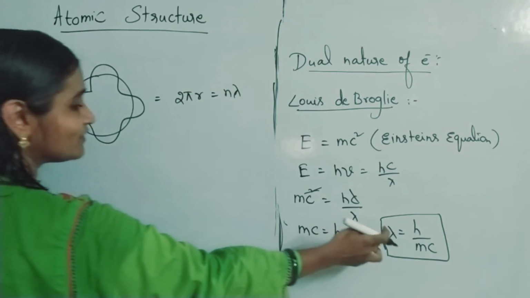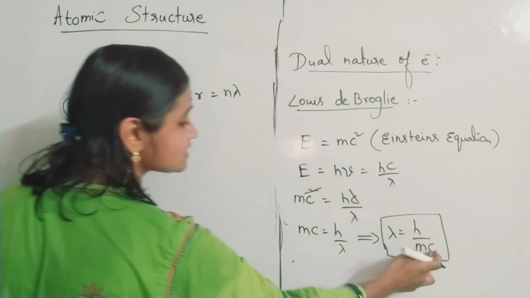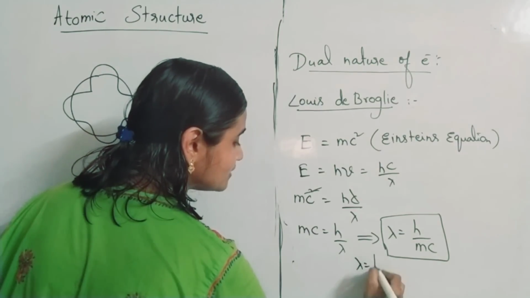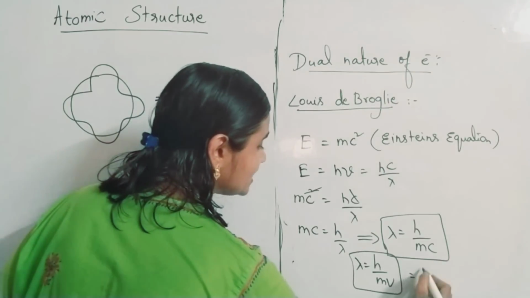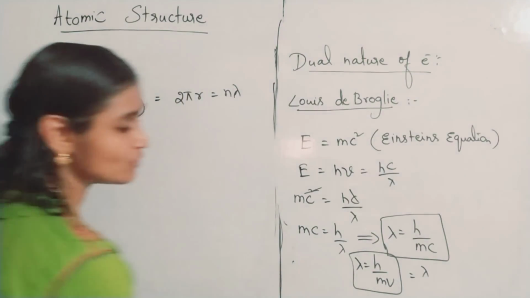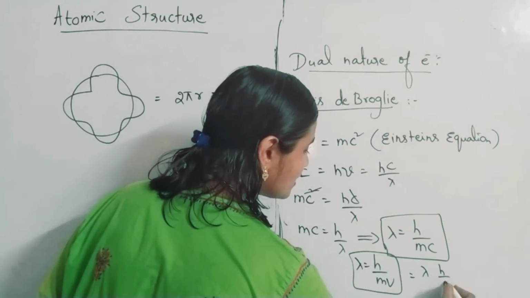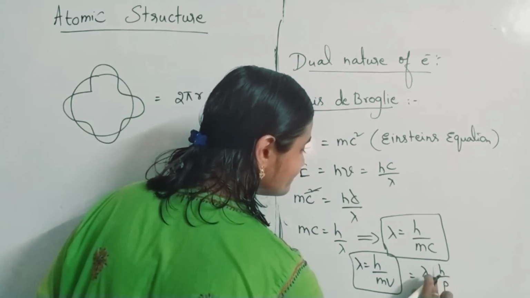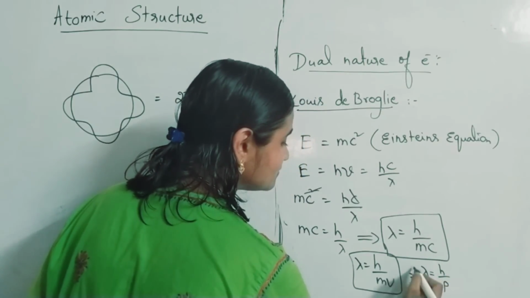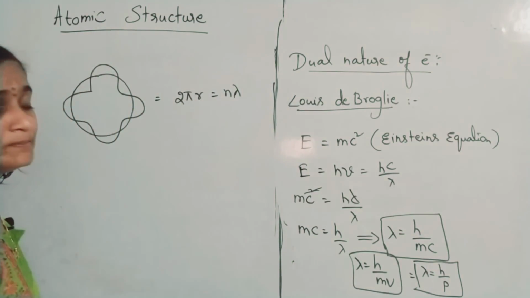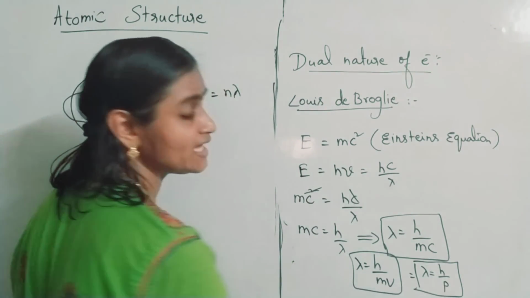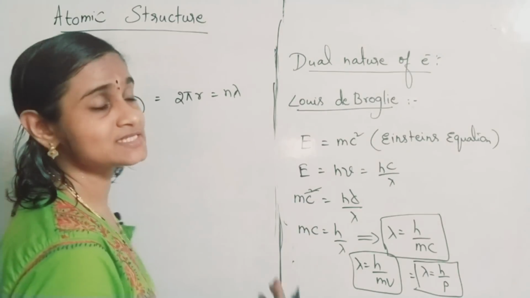But in place of lambda you can keep h by mv, or you can also keep h by p. P stands for what? Momentum. Please remember, mv means momentum, m into v, mass into velocity. In place of mv, you can take p also, h by p, which stands for momentum.